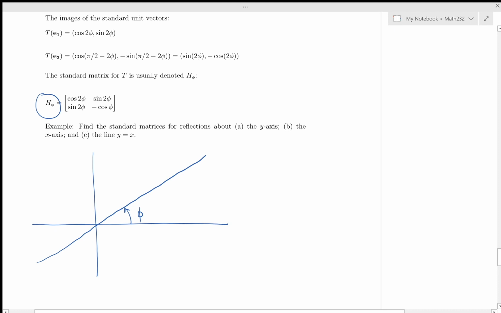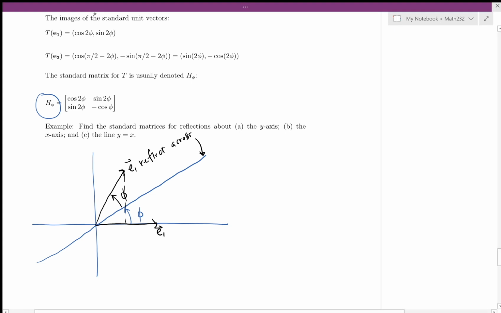So what we do is we take E1 and we reflect it across the line. So this angle is also going to be phi. Then we ask what are the x and y components of this vector. Now this one here is E1 reflected across this line right here.